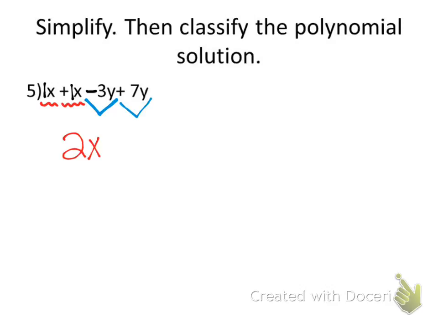So it's like negative 3y plus 7y. What is negative 3 plus 7? The 3 is negative, the 7 is positive. So we subtract the numbers, keep the sign of the larger number. It's actually a positive 4. So you'd say plus 4y.